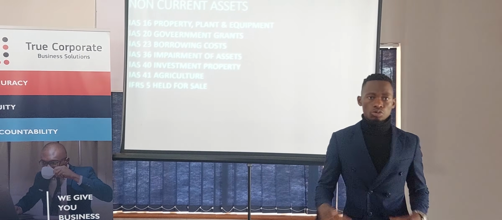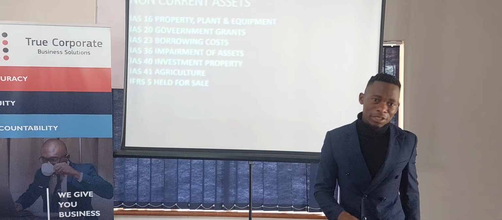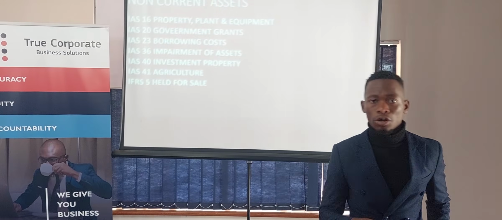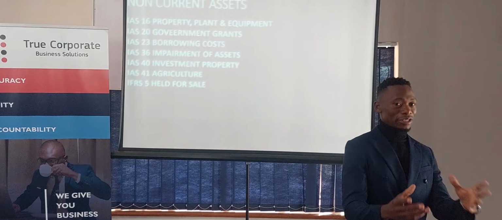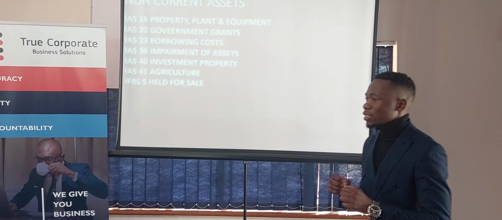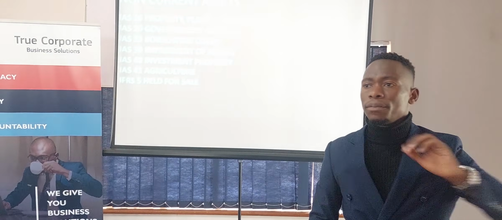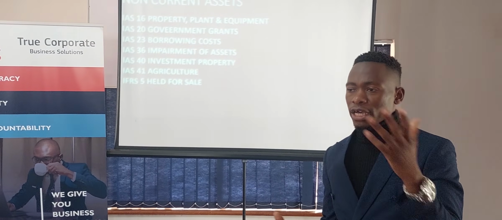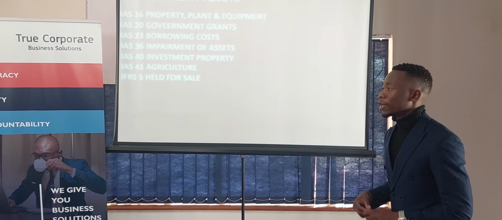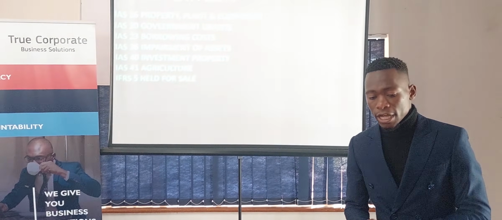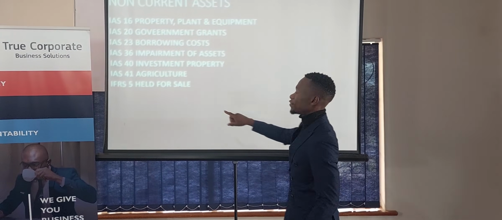So we will compare the two. But remember the prudence concept. We must not overstate profits, we must not understate expenses, we must not overstate revenues. So guys, this is what you have to understand. Let's say we have a carrying amount of 500 in the books for the asset that is classified as held for sale.